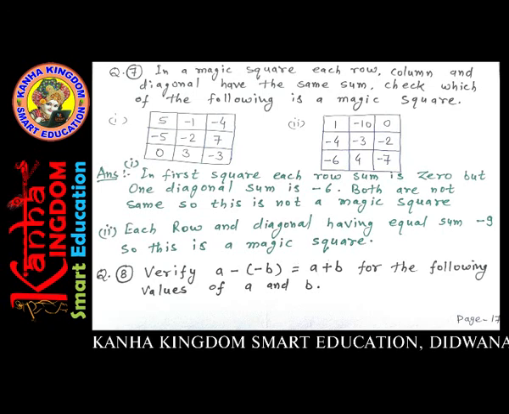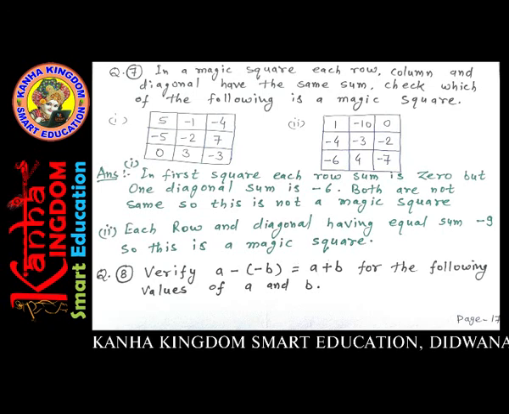Question number 1. In the first square, each row sum is 0, like 5 -1 -4 is equal to 0, -5 -2 7 is equal to 0, 0 3 -3 is equal to 0. Same answer for the column sum.